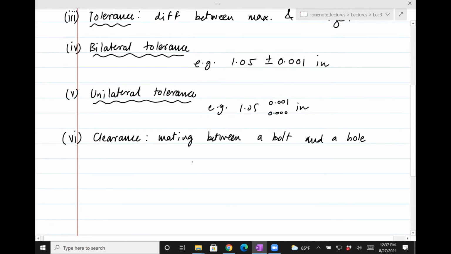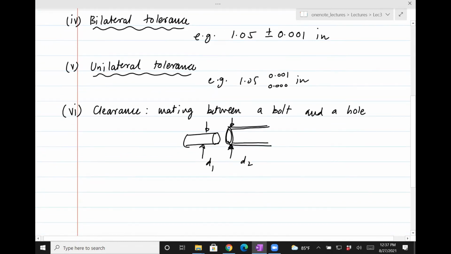So if there's a shaft and then there's a hole, and you want to ensure that the shaft goes in the hole, because that's what you have with screws, nuts, and so on. We're always looking at the external diameter of the shaft and the internal diameter of the hole.